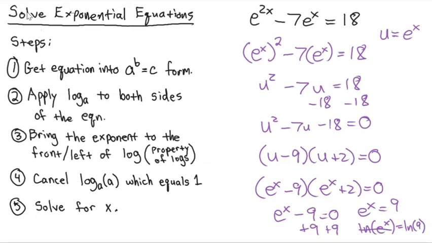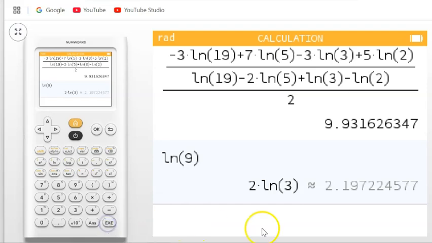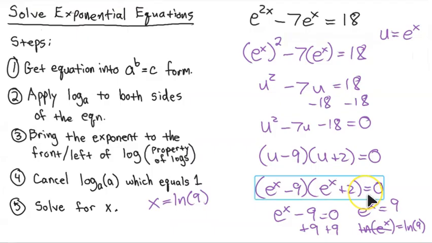Cancel the natural log of e, and all we have left is x equals natural log of 9. So let's put that over here. X equals natural log of 9, which we can just plug into the calculator. Natural log of 9 is 2.197. So x is equal to 2.197.